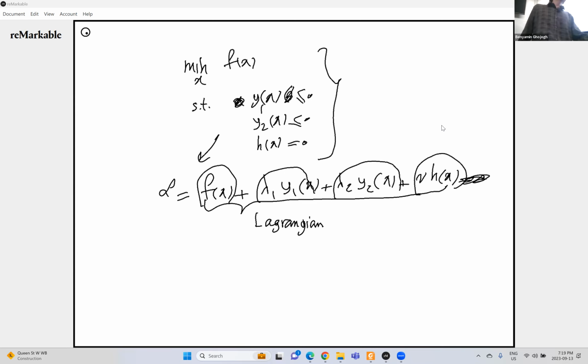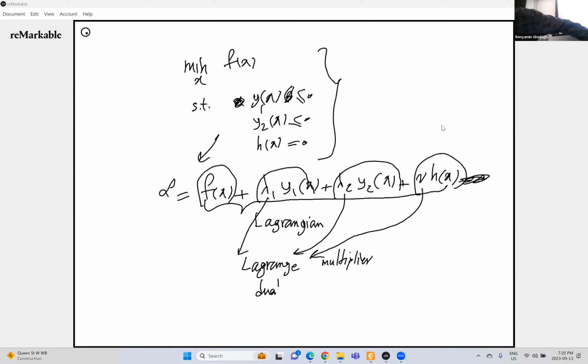In classical optimization, naming is not important, but they call them either Lagrange multipliers, these lambda 1, lambda 2, and nu, or dual variables. You can also call them regularization parameters.